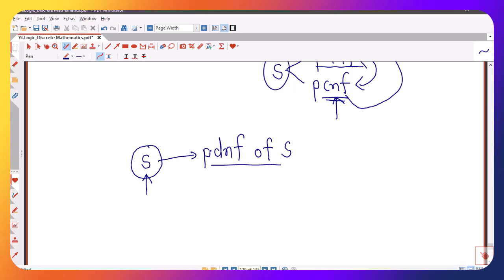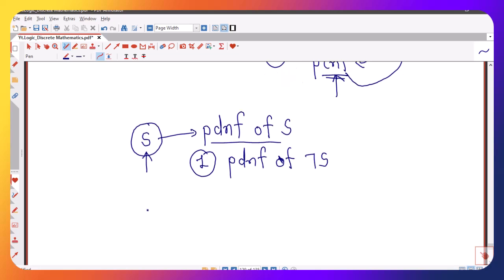So suppose I have first obtained the principal disjunctive normal form of formula S. Now to obtain the principal conjunctive normal form we will follow these steps. After this we will obtain the principal disjunctive normal form of negation S. Now how to write down the PDNF of negation S?